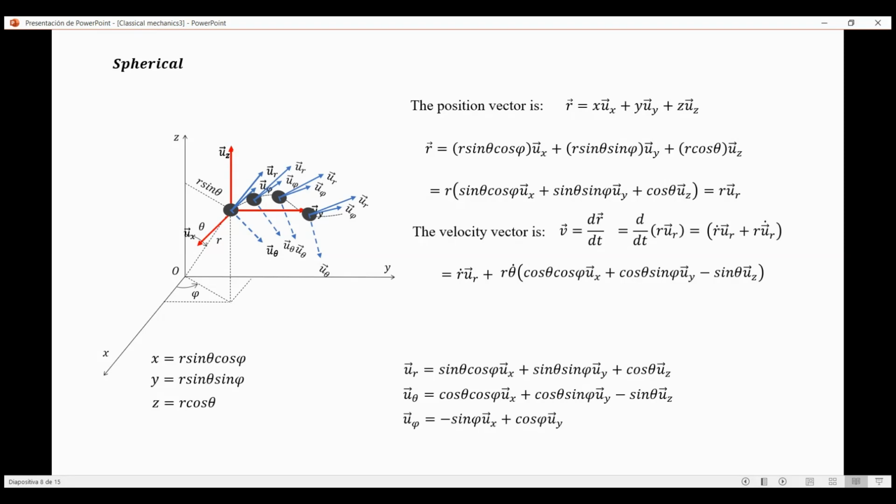But also phi depends on time, so it will be plus r phi dot, we derivate against phi, and ur derivative against phi is minus sine of theta sine of phi ux plus sine of theta cosine of phi uy multiplied by phi dot, just applying the chain rule.